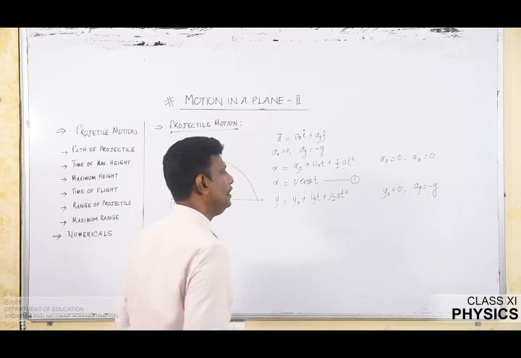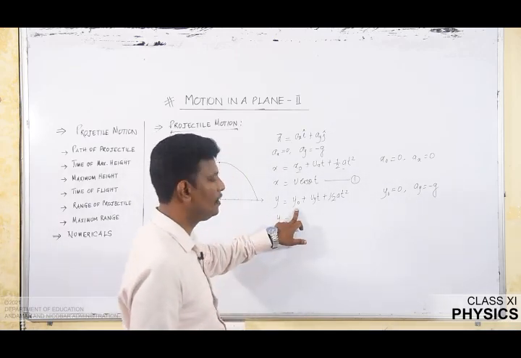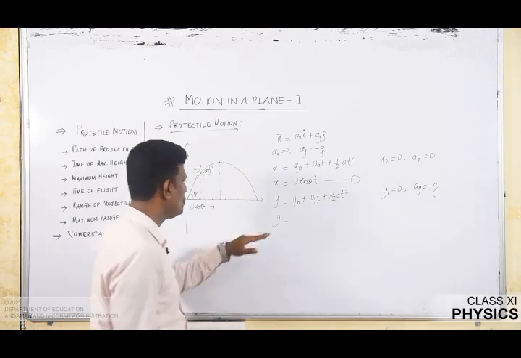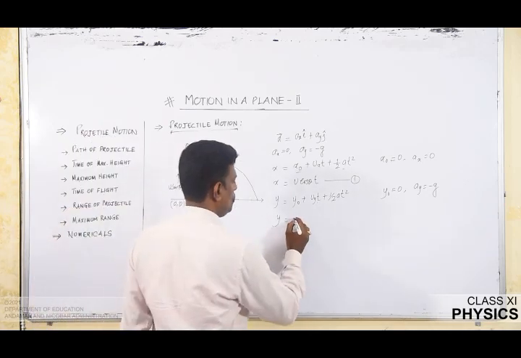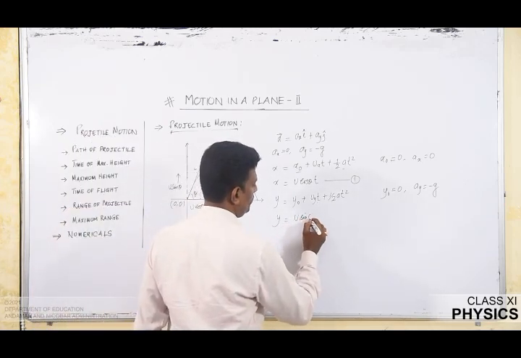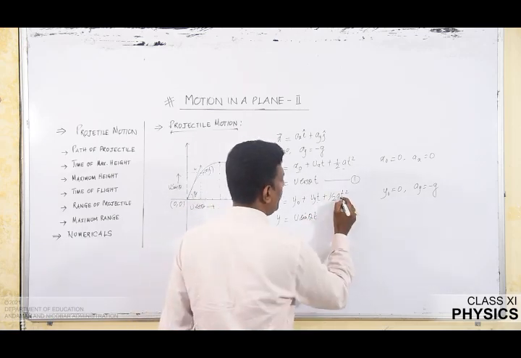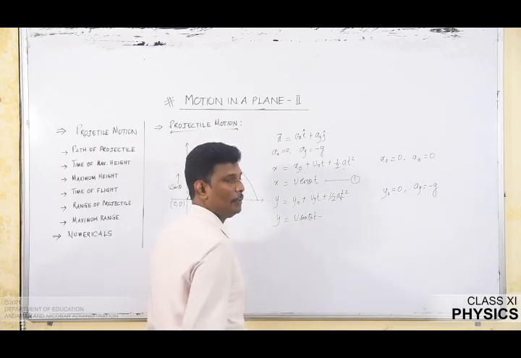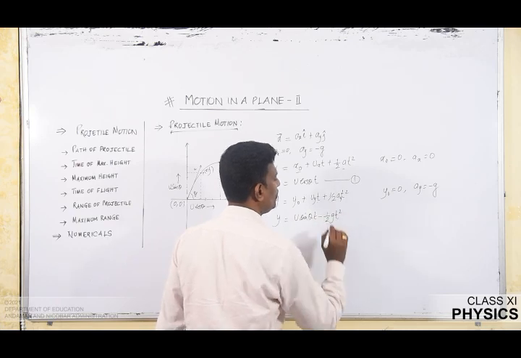Putting the values in this equation, we will have y is equal to, this term will become 0, in place of uy, that is u sin theta t, since ay is equal to minus g, minus half g t square.